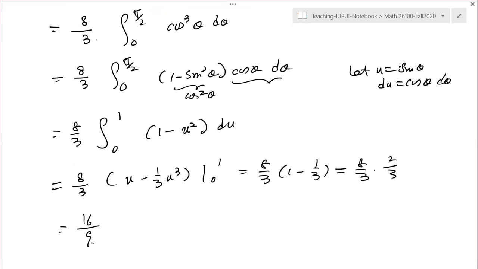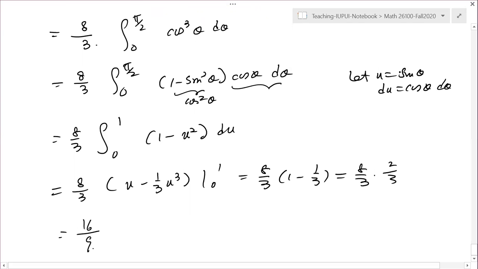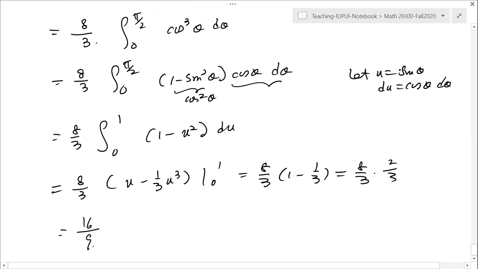I don't have time to find another problem, only a couple minutes left. But this example shows you, if we are given an iterative integral and you may not be able to solve it, but you look at the domain of the iterative integral, it's possible to convert the integral to an integral in polar coordinates, especially if the domain looks like a circle, or a portion of a circle.